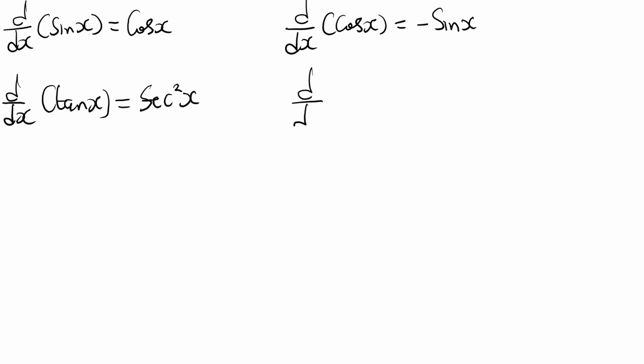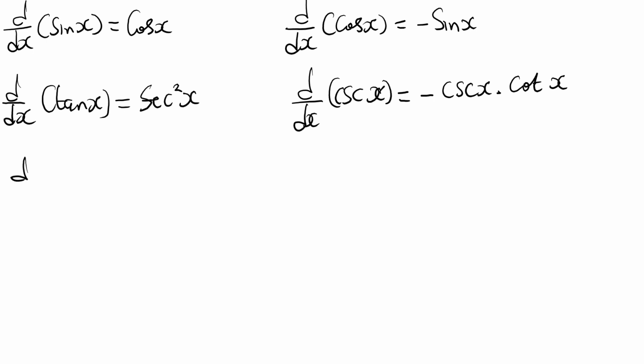And then when we differentiate cosec x, we must get negative cosec x multiplied by cot x. This is what we get when we differentiate cosec x.